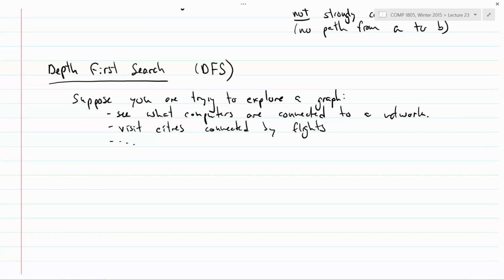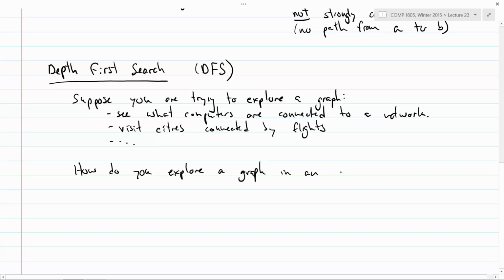So the question of doing these searches is, how do you explore a graph in an orderly way? And orderly means in such a way that you don't get lost.